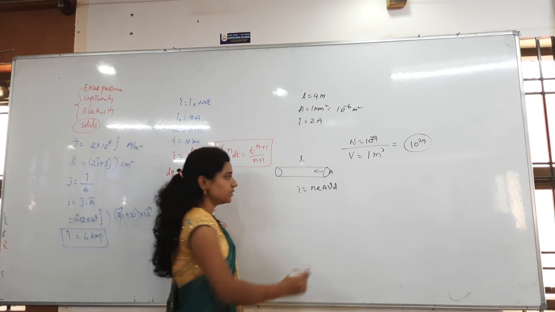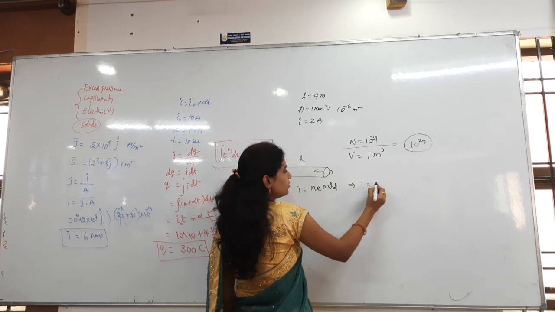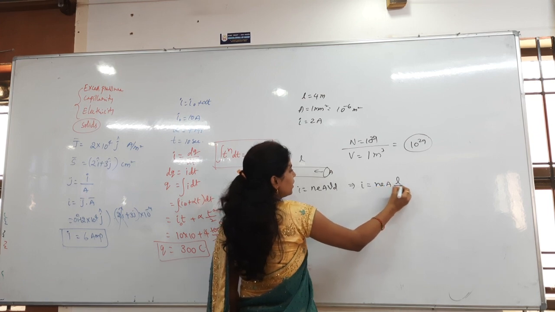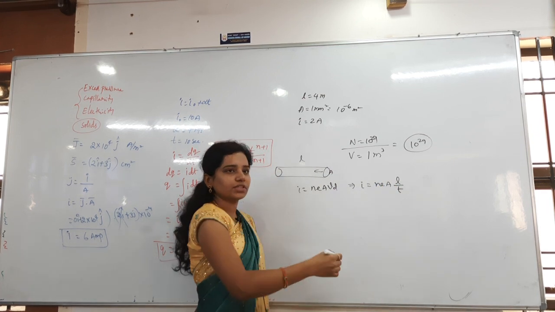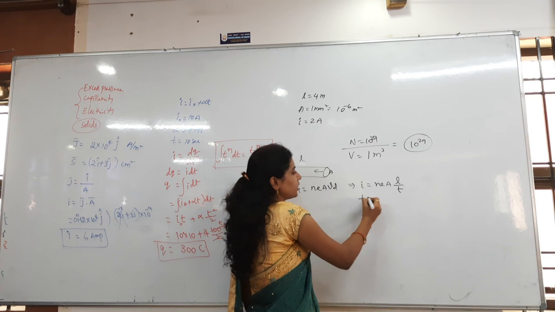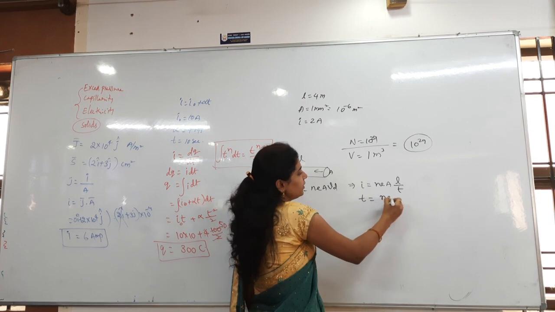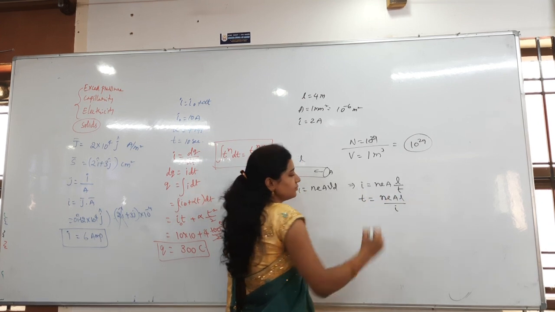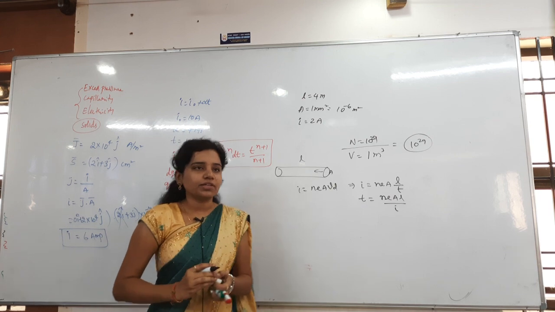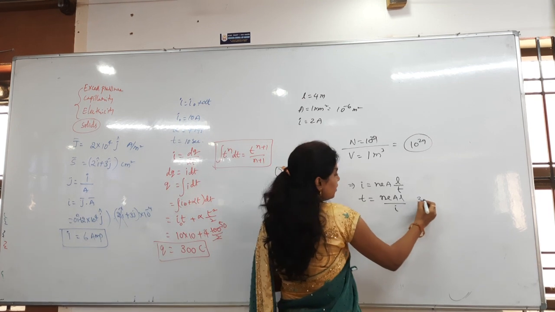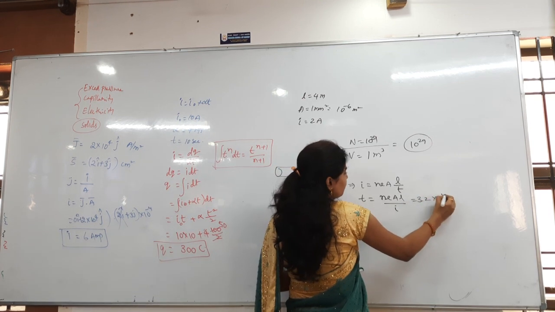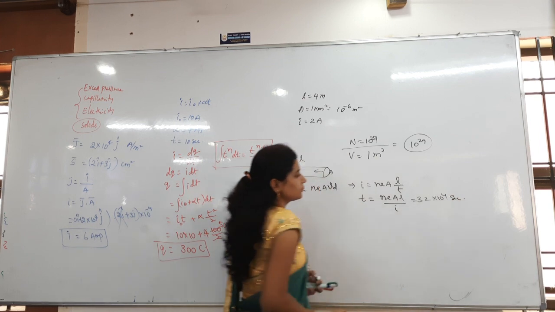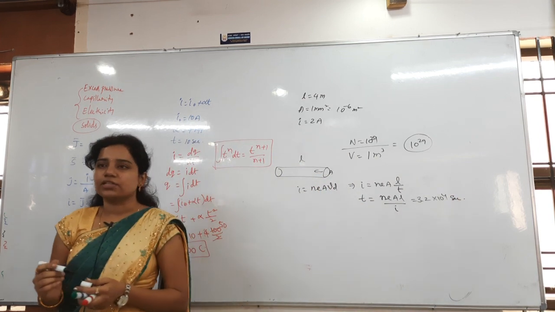So I equals nEA into L by T, from yesterday's derivation. So T, the average time taken, equals nEAL by I. You will get the answer exactly as 3.2 into 10 power 4 seconds.